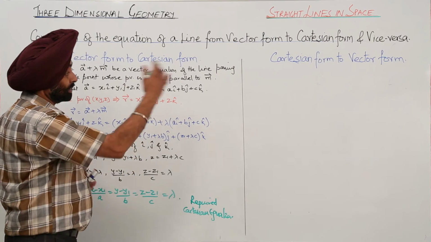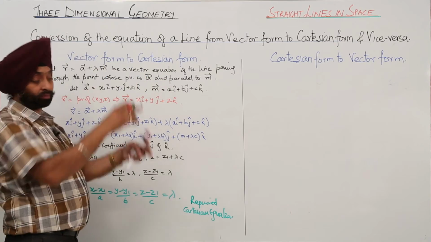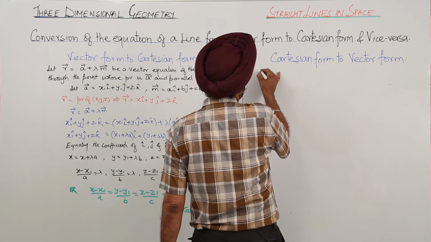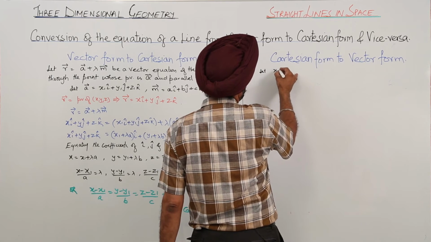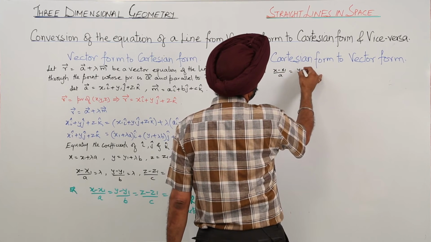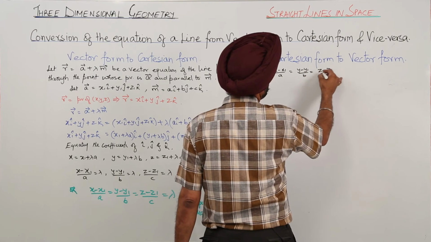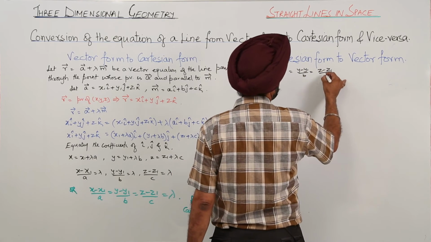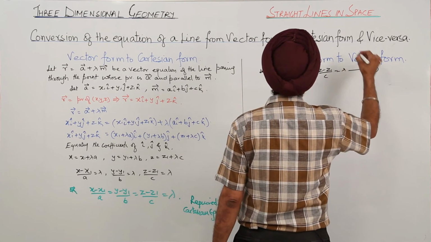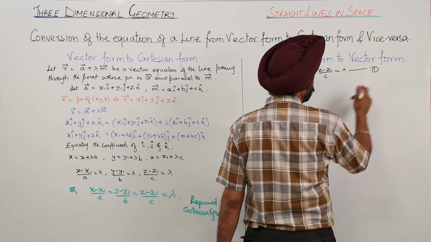Now Cartesian form to vector form. Now this equation again to the vector form. Okay. Now let x minus x1 upon a is equal to y minus y1 upon b is equal to z minus z1 upon c is equal to lambda be the given equation in the Cartesian form.